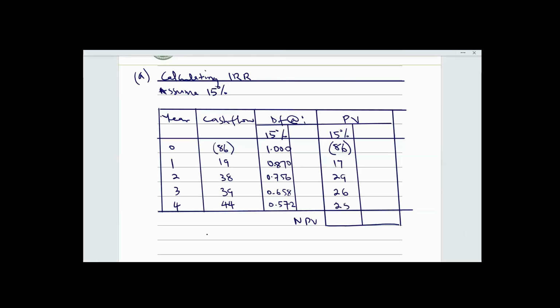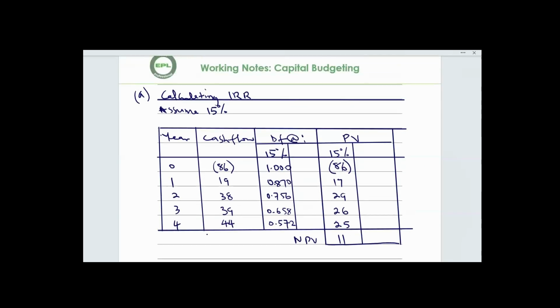So final answer. 25 plus 26, that's 51. 51 plus 29, that's 80. 80 plus 19, that's 97. 97 minus 86, that's 11. So we assumed 15% and got a positive NPV of 11. Then we need to assume a higher discount rate. So let's increase this to 20%.